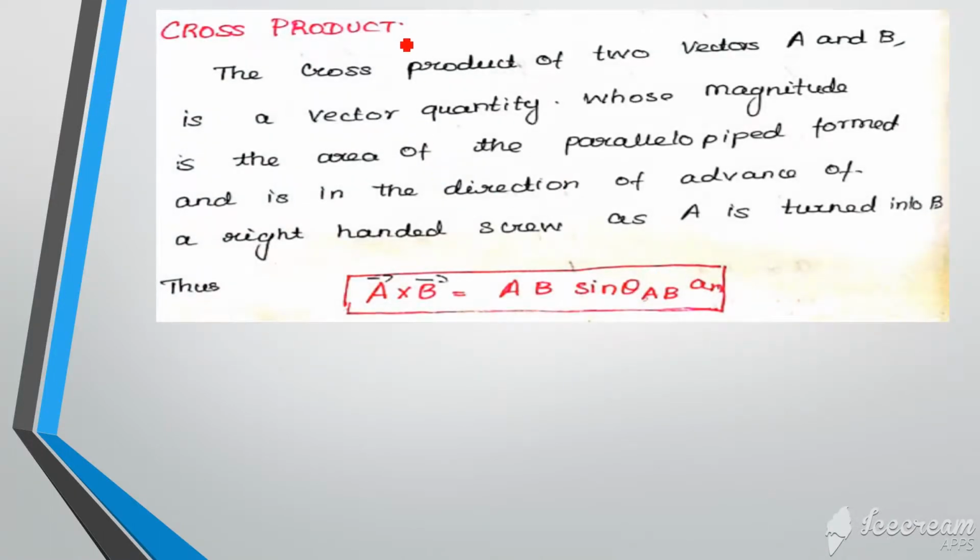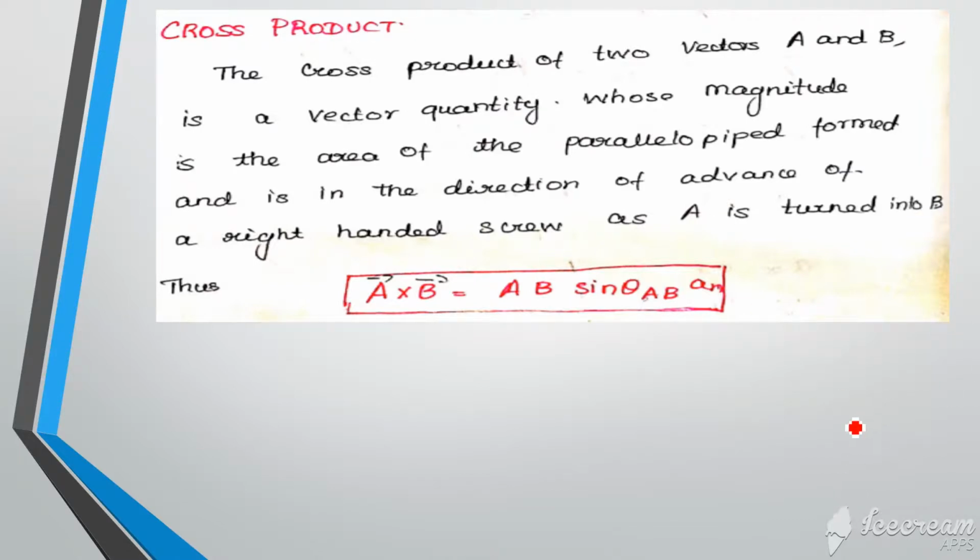Then cross product. In the previous topic, the scalar product of two vectors gave a scalar. Here, the cross product, or vector product, has a resultant answer that is also a vector.